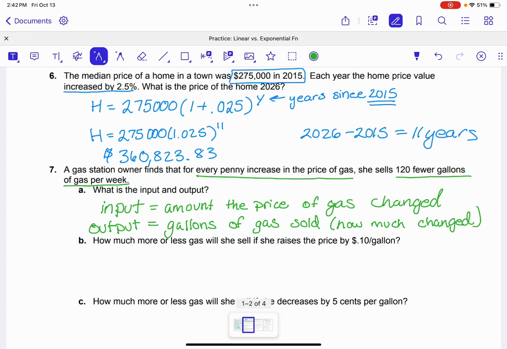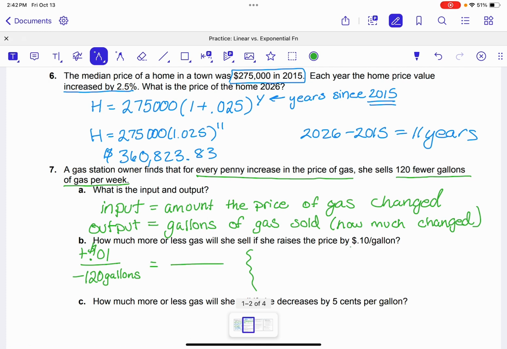Now, if we think about this, you could almost sort of think about it proportionally, instead of just a rate. So I'm going to approach it two different ways. If I approach it proportionally, if she increases gas by a penny, so if gas increases 1 cent, then the amount she sells goes down 120 gallons.